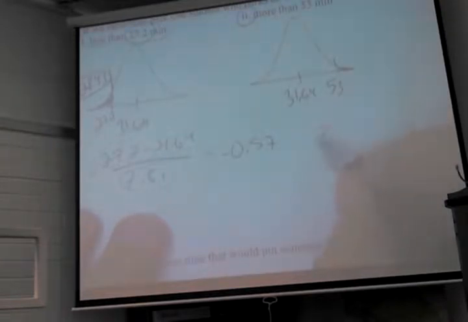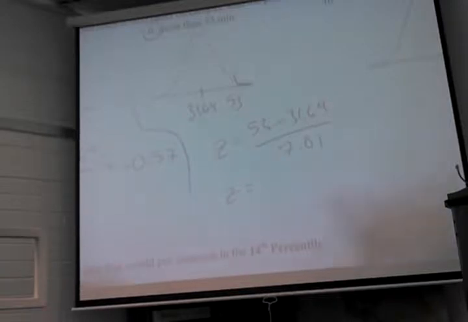So how do I change this into a z-score? Good. My data point minus the mean divided by? Sweet. What's that come out to be? 2.73. 2.73?